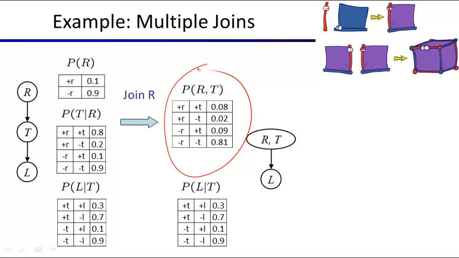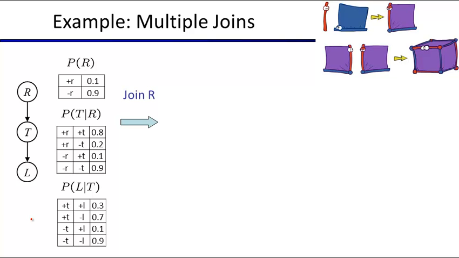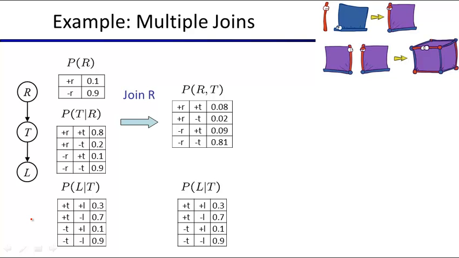Hold on, let me recap just what we did. What we did so far is we started from a BaseNet. We picked a variable R. We said, let's join on that variable. What does that mean? It means you pick all tables that have that variable, compute the join. This table just transferred over. These tables had the variable R, so they were joined.